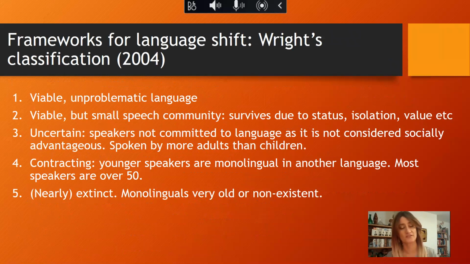Frameworks for language shift. Okay, so this is a classification by Wright, which was very interesting, I thought. So we might have, to begin with, a viable and problematic language, French, for example. You might have a small speech community of a minority language, and it survives due to its status or isolation. I read about a Francophone speech community in Canada.